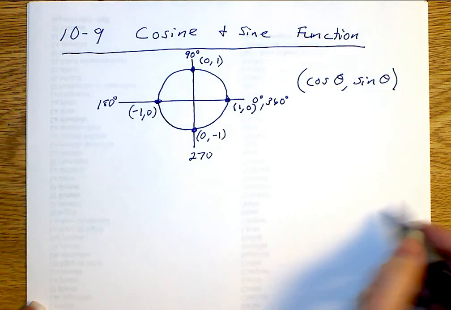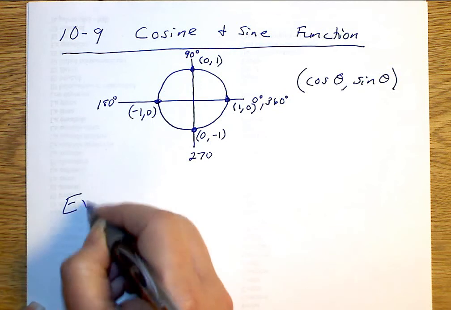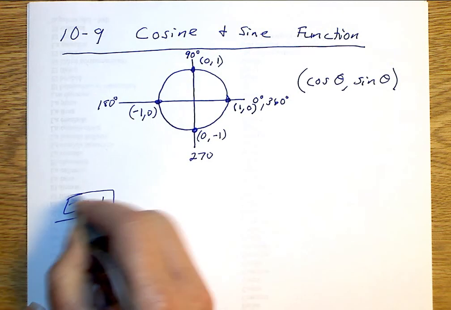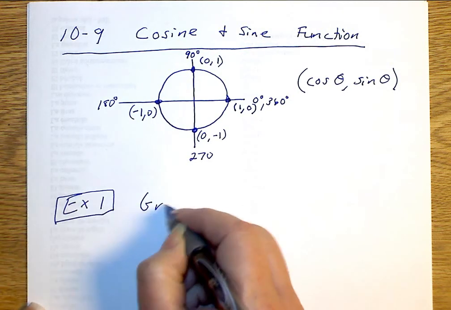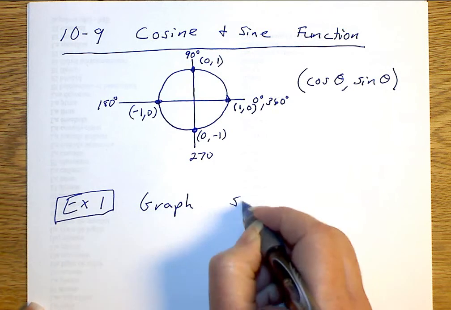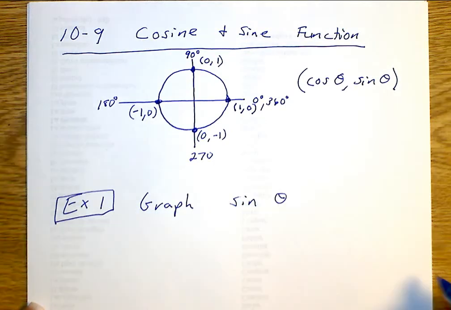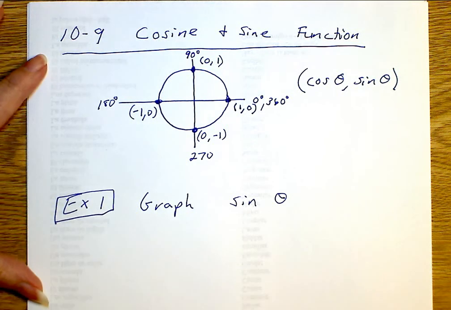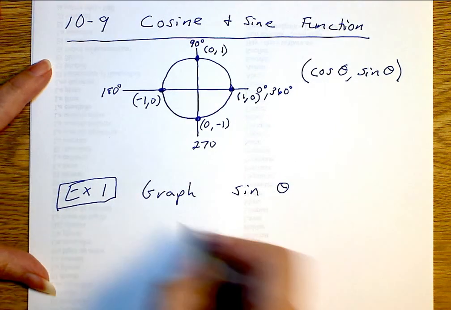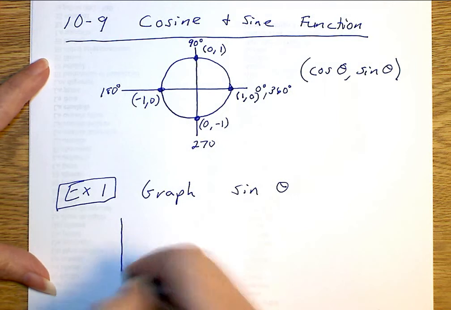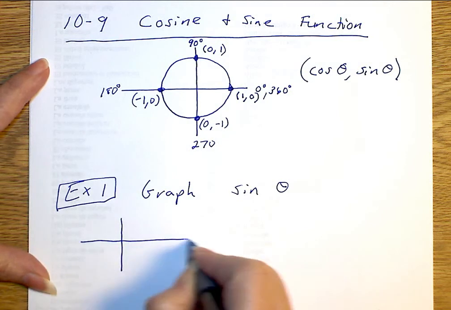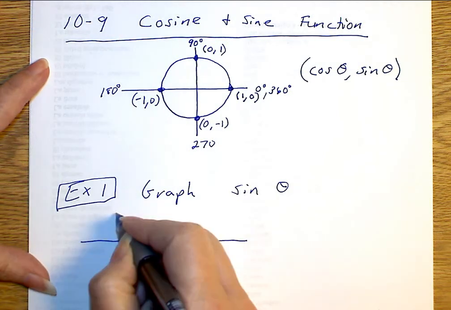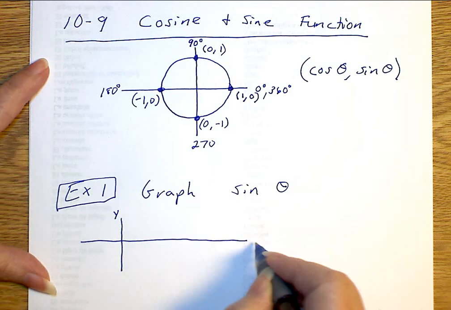All right, example 1. Graph sine of theta. So we are going to graph sine theta on our x and y axes. So this is my y axis, and this is my x axis.